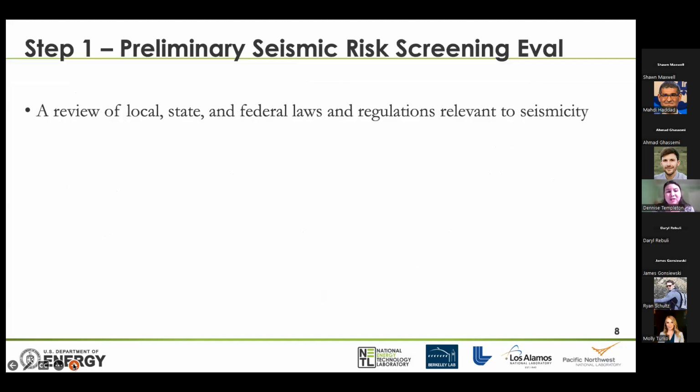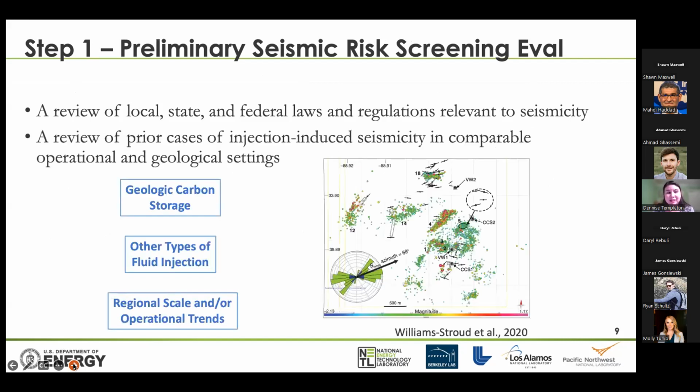So for instance, the first thing is looking at local, state, and federal laws relevant to seismicity. Review prior cases of injection-induced seismicity in comparable operational and geologic settings. For example, there's abundant induced seismicity in Oklahoma associated with wastewater disposal in the Arbuckle group, while there might be a relative lack of injection-induced seismicity in the Wilson Basin.